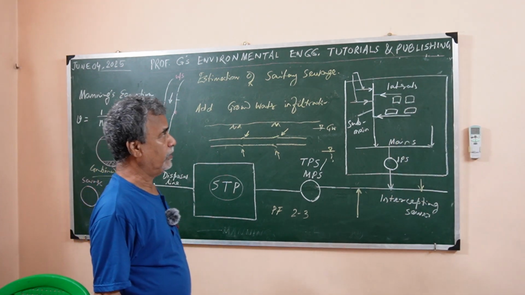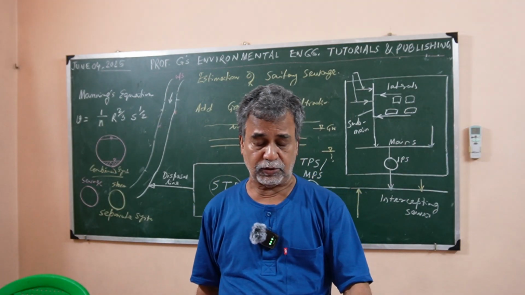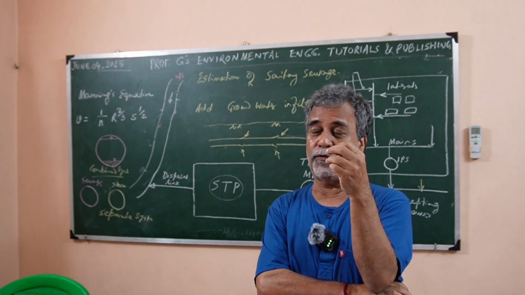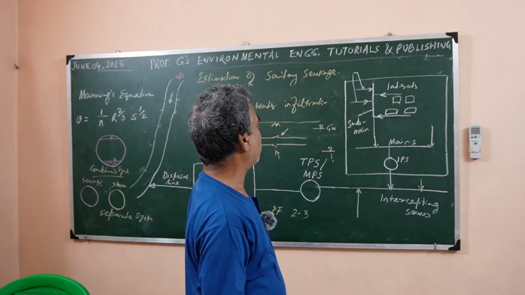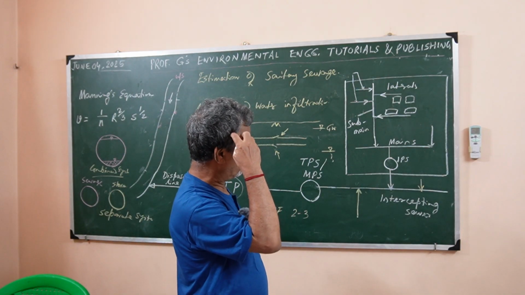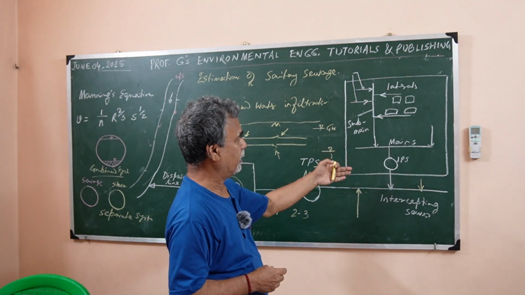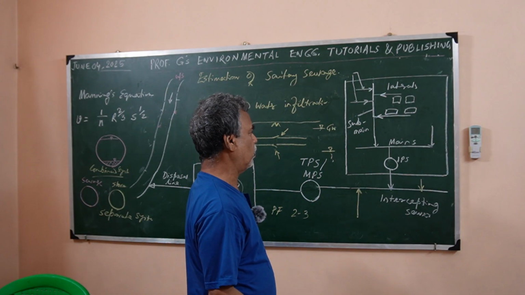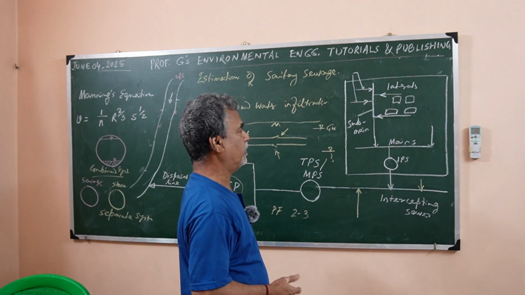As I have already discussed, 40 to 90% of this water supply we consider as the sewage resulting from the sewerage system connected to buildings like commercial or households, that is the residential buildings.